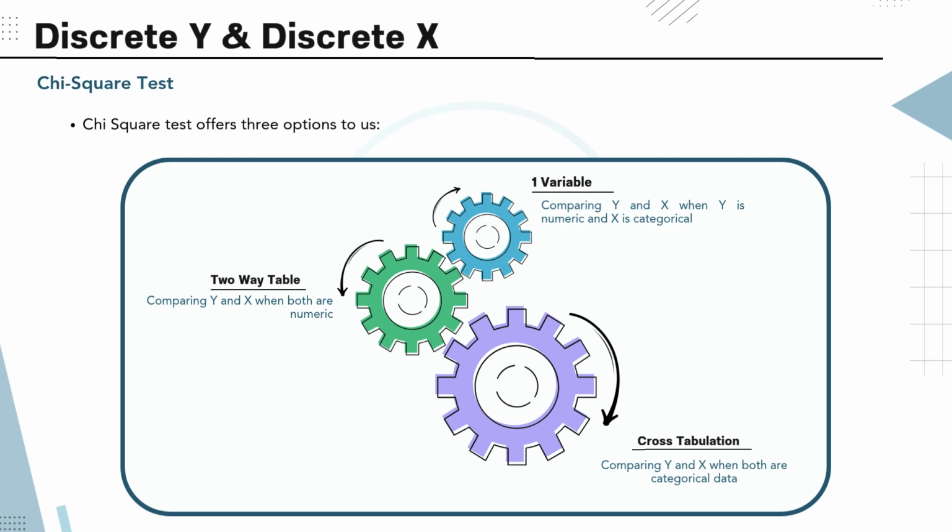We use it to test whether there is an association or independence between the two variables. For example, does customer satisfaction rating differ by region? The gear icons visually represent the connection between these methods. They're all part of the broader chi-square toolkit that helps us make sense of categorical data relationships.